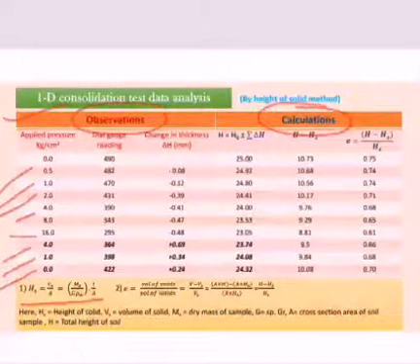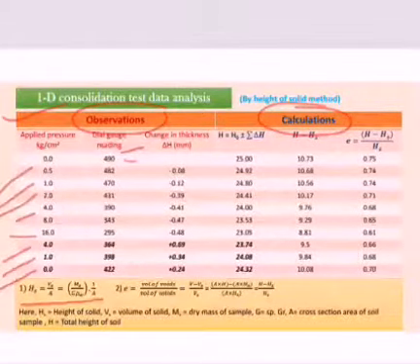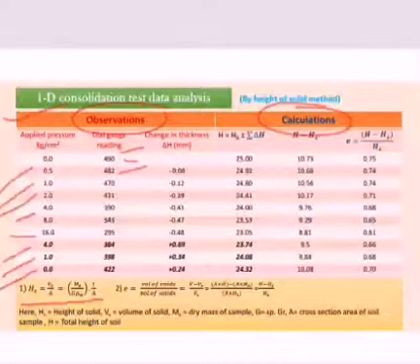Now corresponding to 0, we have recorded the dial gauge reading as 490, and after applying the 0.5 kg per centimeter square load, after completion of the 24-hour period, the dial gauge reading becomes 482.